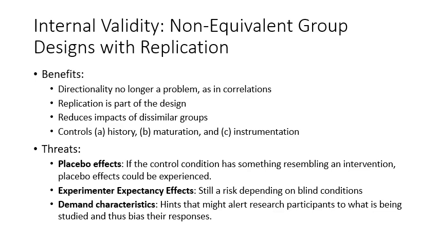Maturation, the people in both groups would be expected to mature similarly over time. And instrumentation, we are using the same measures at repeated times, but all the people are getting the measure taken both in the treatment condition and in the control condition.